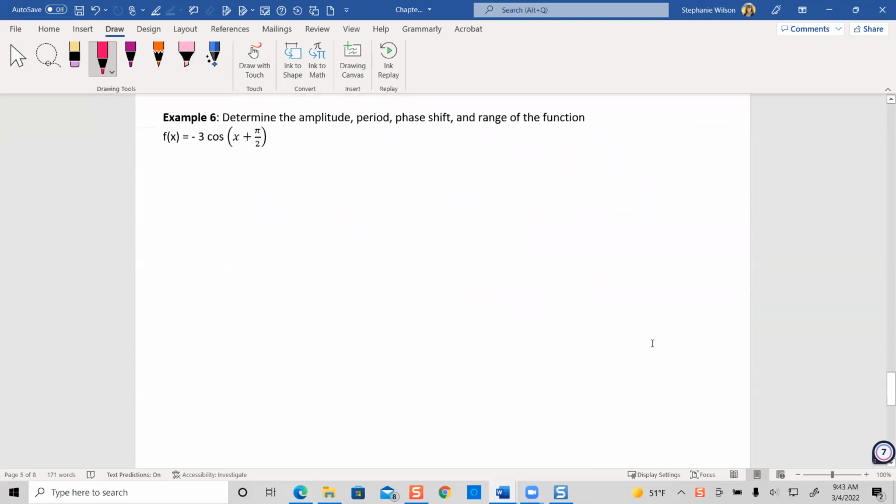All right, let's do this one here. So we're going to determine the amplitude, period, phase shift, and the range. So first thing is, as I'm given this function here, I need to rewrite it where y is equal to. Well, we know from basic algebra that if f of x or g of x or whatever the function name is, is set equal to y, then I can replace f of x with y.